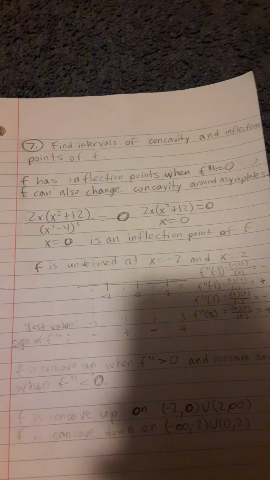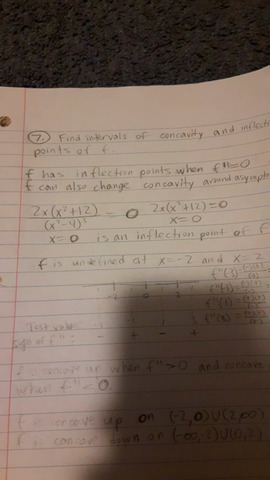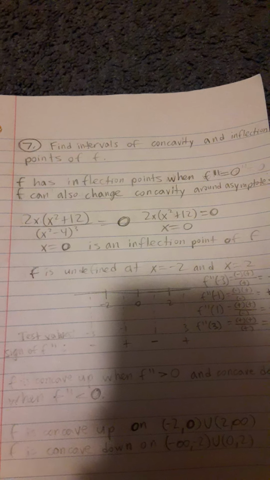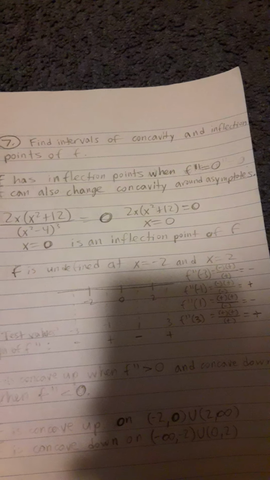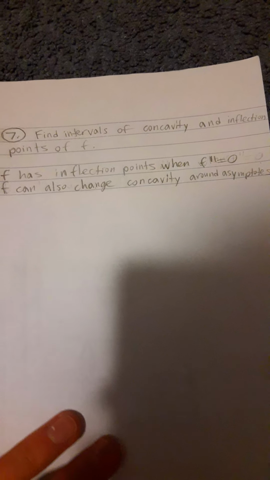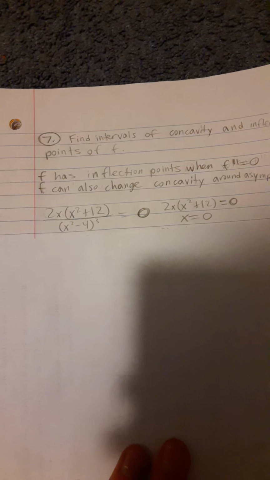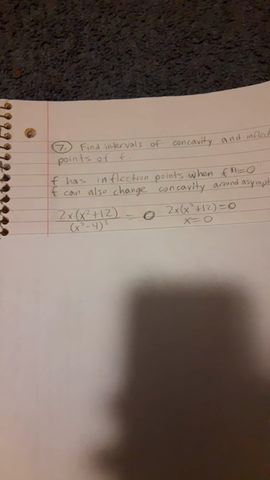Now problem 7 is finding concavity and inflection points. So f has inflection points when its second derivative is equal to 0, and f can also change concavity around asymptotes. So I'll do this one step at a time here. f double prime of x is going to be equal to 0 when its numerator is equal to 0.